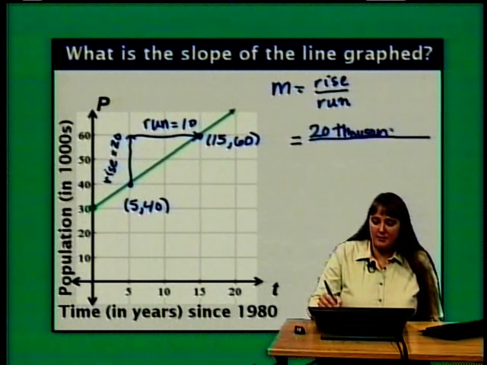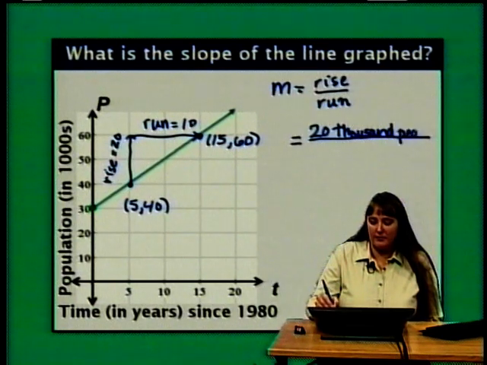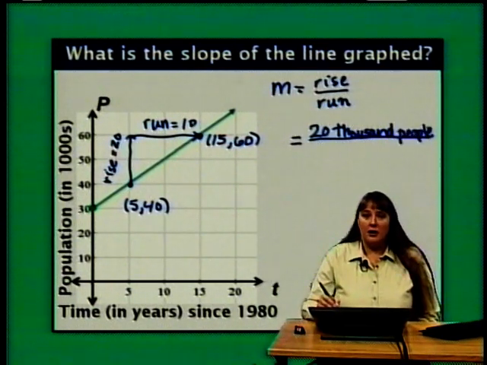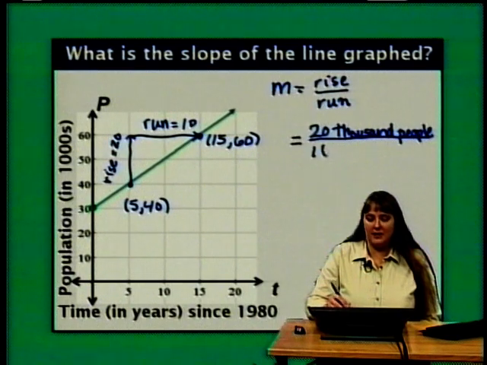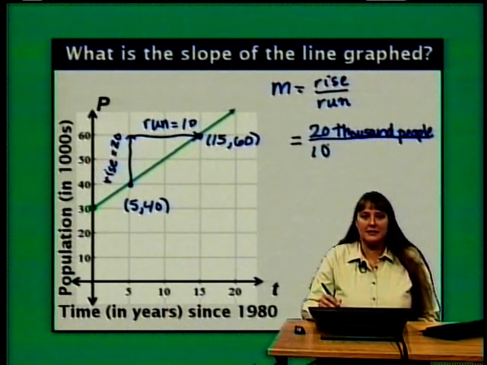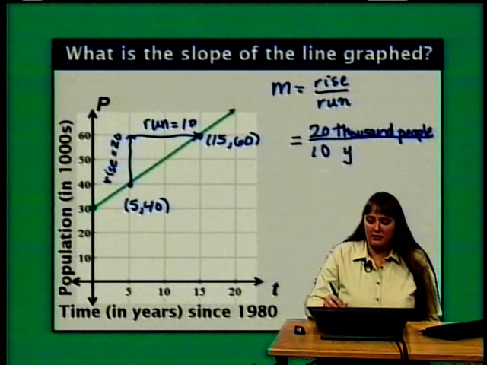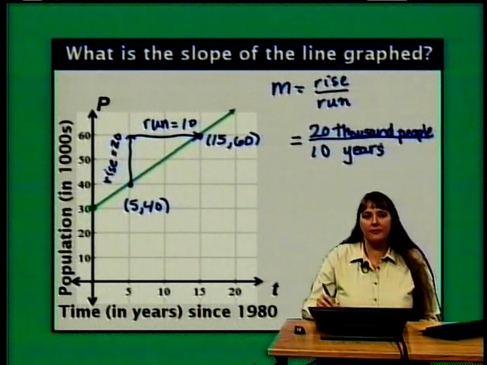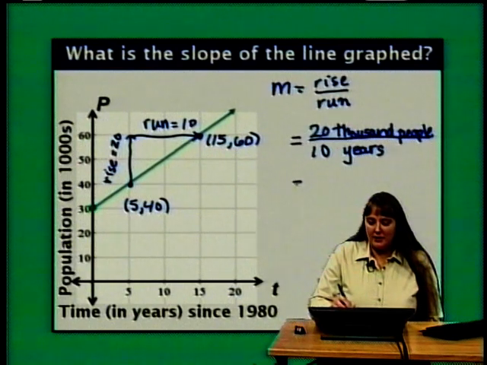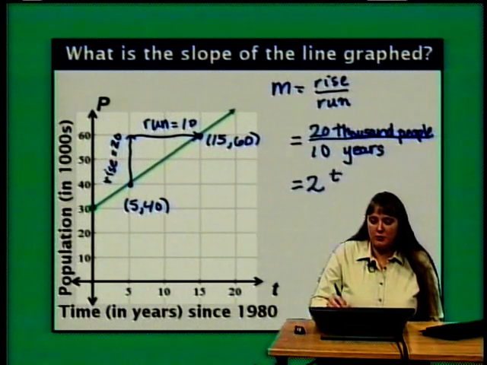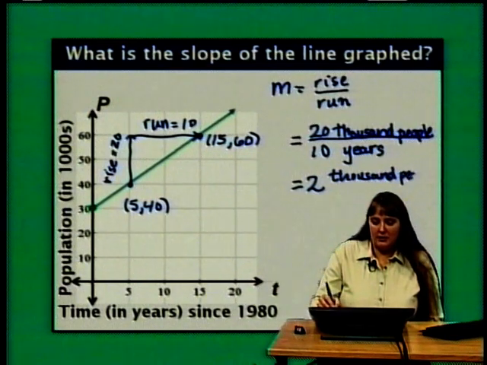So for my rise, I'm going to write 20,000 people. For my run of 10, to find the units, I need to look at the horizontal axis. And on the horizontal axis, my units are years. So my run is 10 years. 20 divided by 10 is 2, so I have 2,000 people per year.